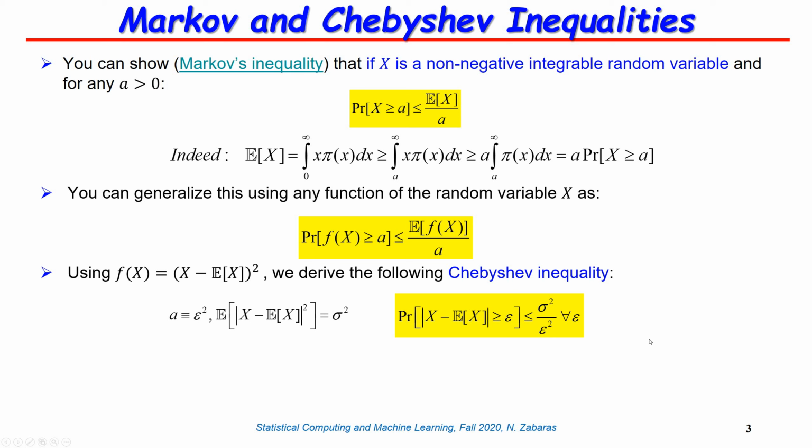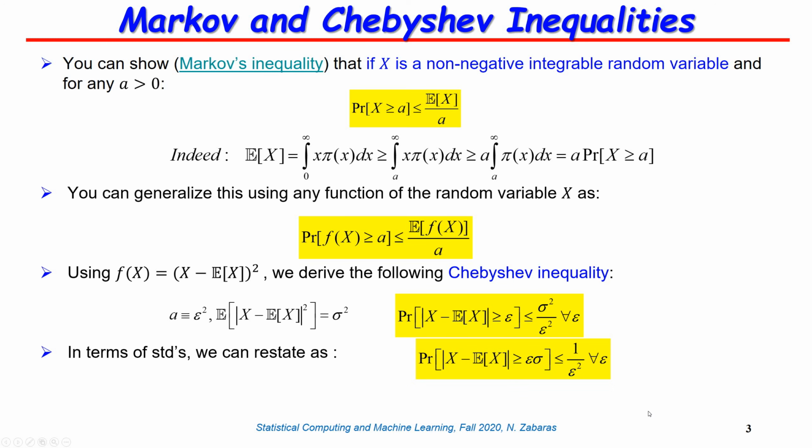If you try to say with words what this inequality means, it basically tells you that the probability that you are away by epsilon from the mean of the distribution is bounded by sigma square over epsilon square. And if you want to make it even more practical, instead of epsilon, you can reparameterize and put epsilon times sigma, and rewrite this inequality as the probability of x minus the expectation of x being greater than epsilon sigma.